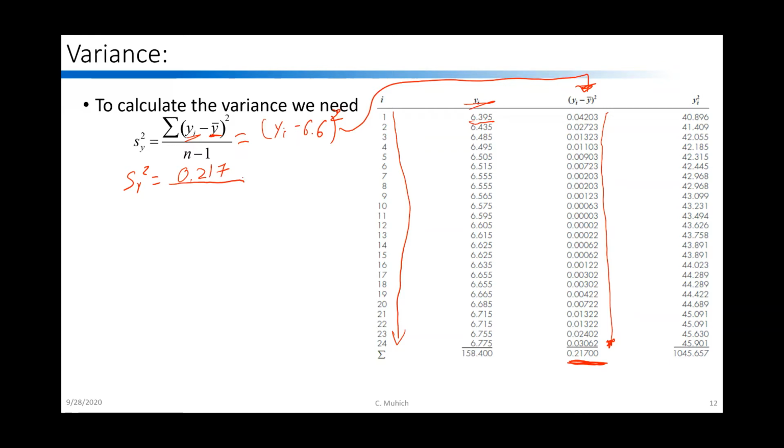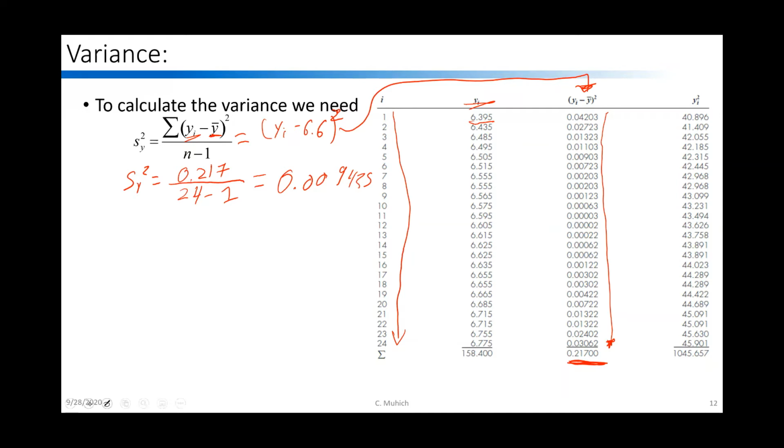So this is just taking all those values and summing them up. Next, I take my 24 points minus 1 to get 23, and I can then just calculate 0.009435. Right? So this is our variance.